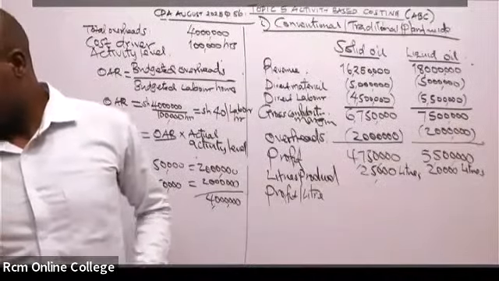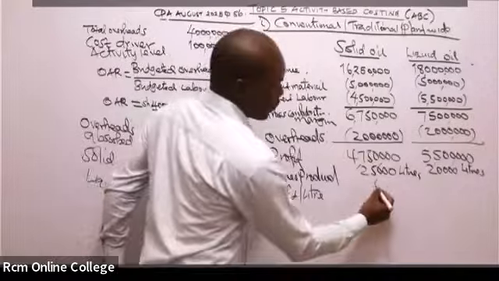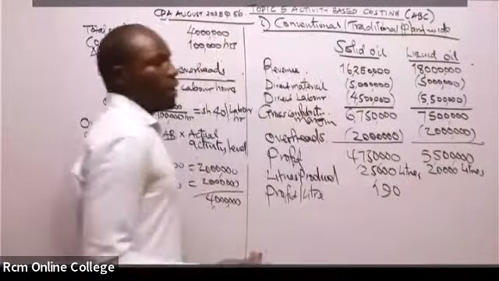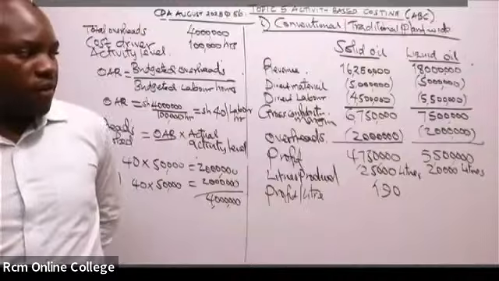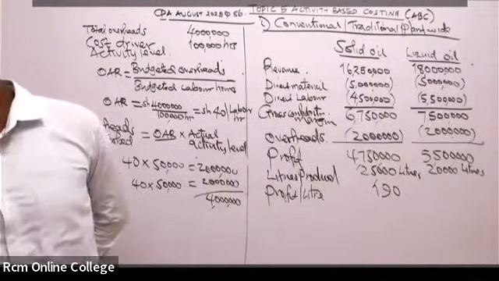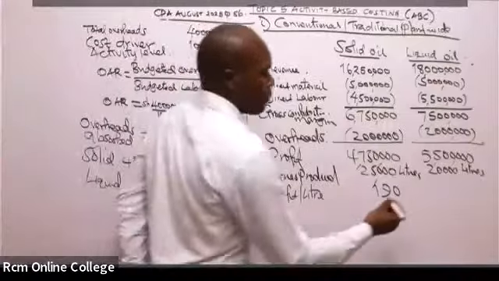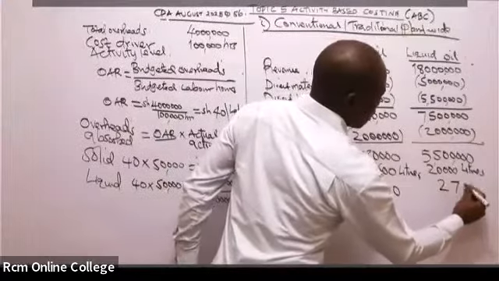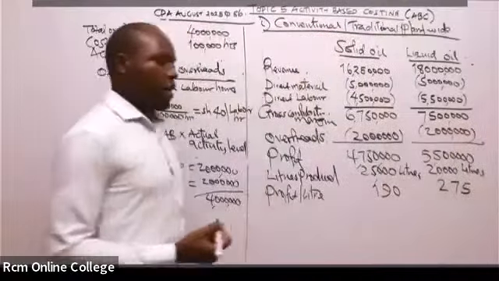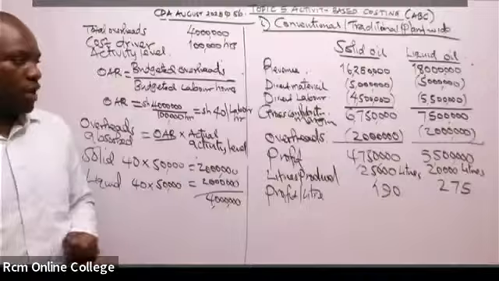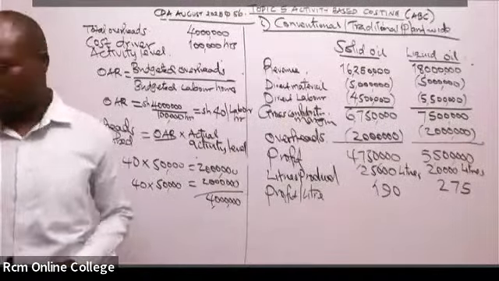How much do we get? 190. So it is 190 per liter. That is the profit. Then liquid oil, 5,500,000 divided by 20,000. 275. Are we together up to that point?